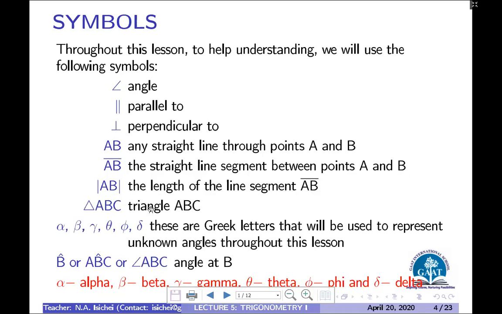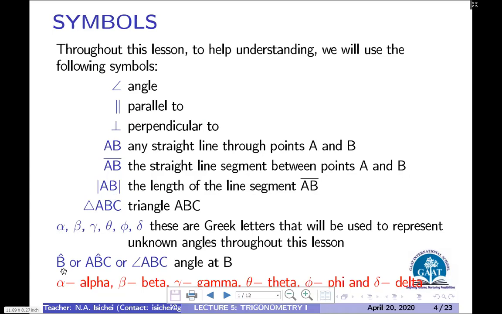This symbol simply means the triangle ABC, and we see these symbols: alpha, beta, gamma, theta, phi, and delta. These all are Greek letters that will be used to represent unknown angles throughout this lesson.